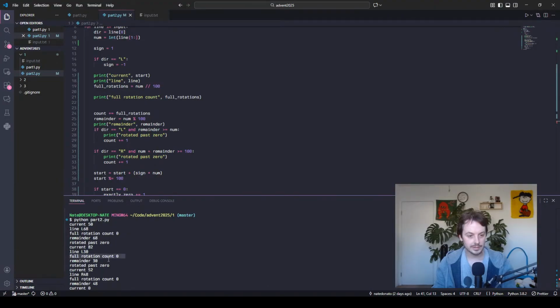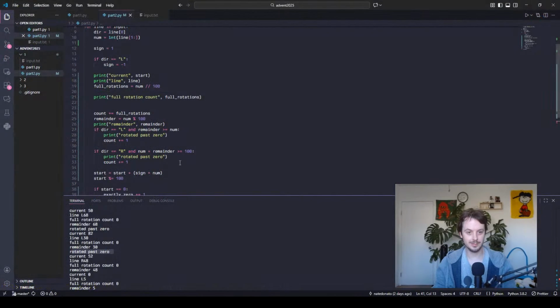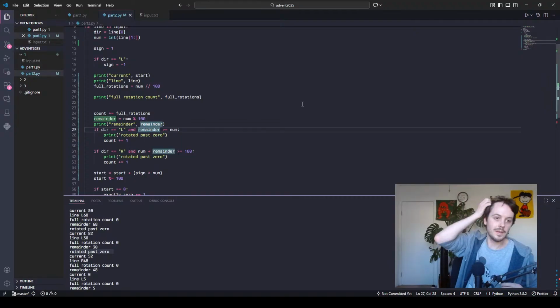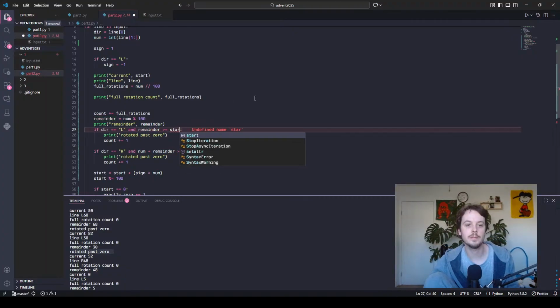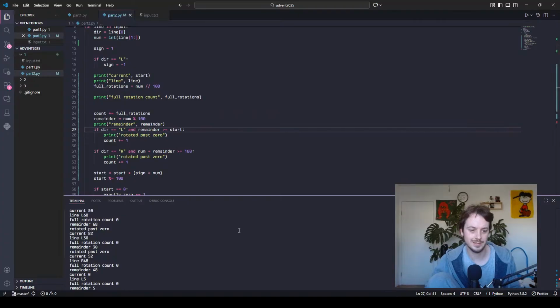Full rotation, count 0, remainder 30. Rotated past 0 again. We did not rotate past 0. Start. Is that right?